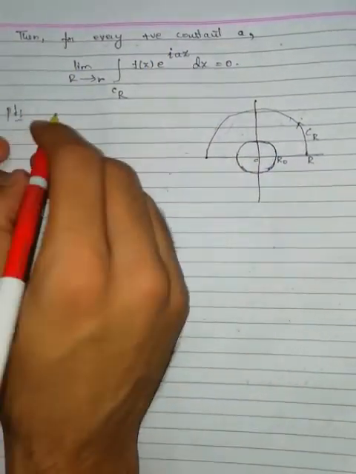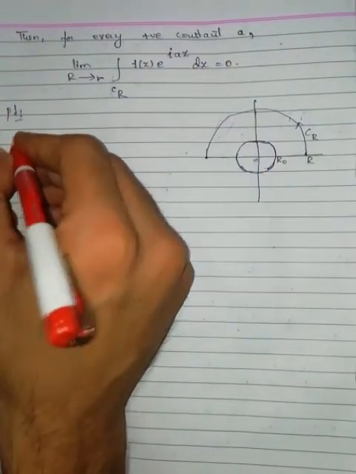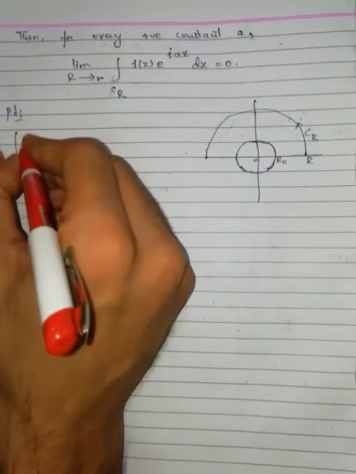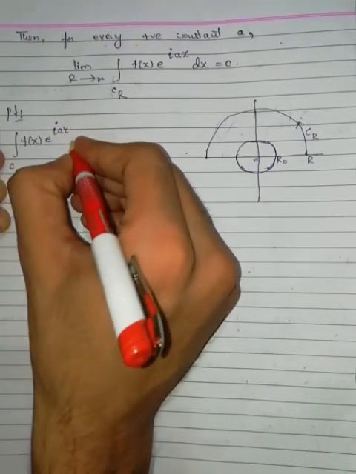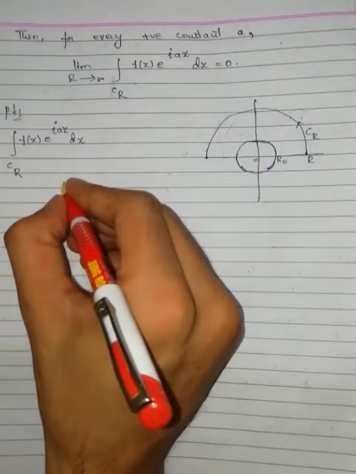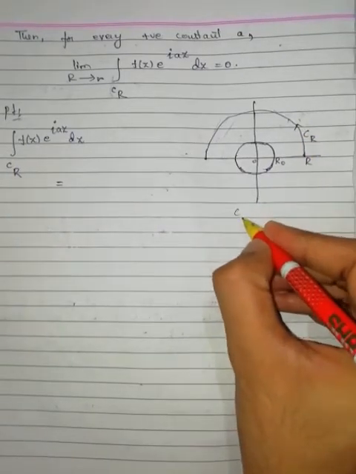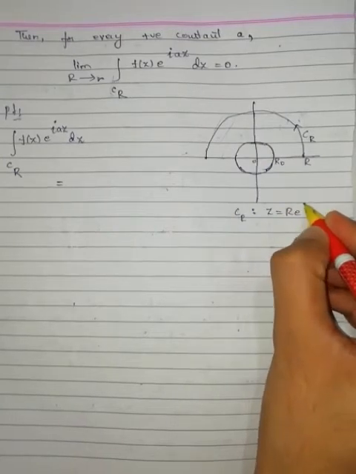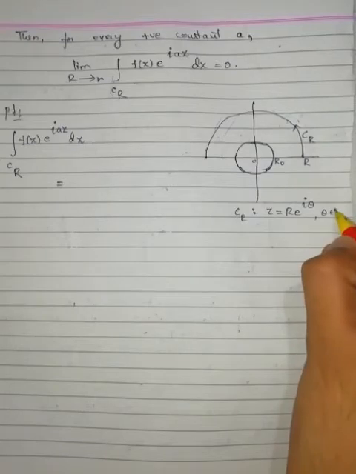Now consider this one: integration over capital CR of f of z into e to the power of iota az dz. What is CR? C capital R is z equal to capital R e to the power of iota theta, where theta belongs to 0 to pi.